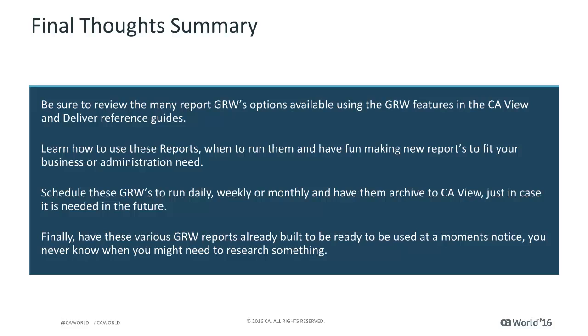The whole purpose of this series of reporting and extracting data from CA View and Deliver is to allow you to have a toolkit of jobs to help manage the environment and ensure the product is performing as you expect. You can schedule these jobs to run daily, weekly, monthly, or as needed.